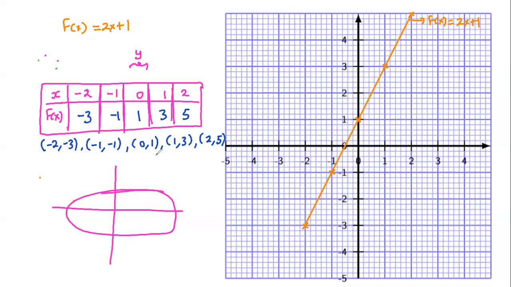People are saying it's not a function. Yes, because once you draw your vertical line like this, it is meeting here and it is meeting here. So we shall conclude that this one is not a function. Whenever you are inspecting a graph to see whether it is a function, we use a vertical line test.